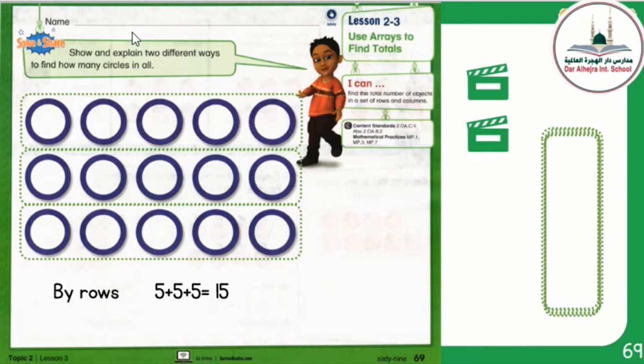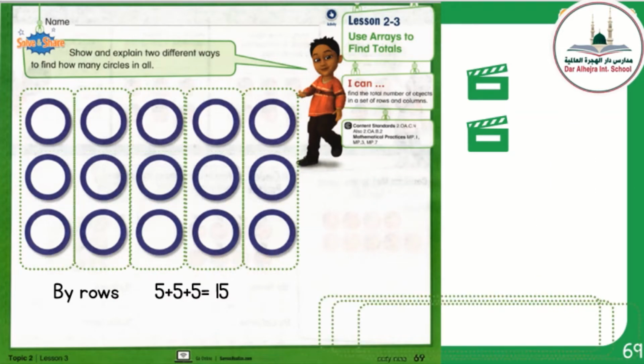Now there is another way to add using the same array. Here is another way. I can sort them out into columns and then use this information to find the total. In this way I can see there are 3 circles in each column, and I can write the equation like this.